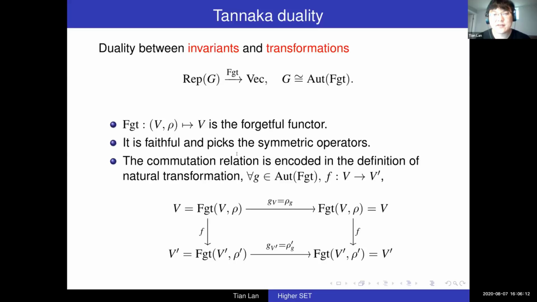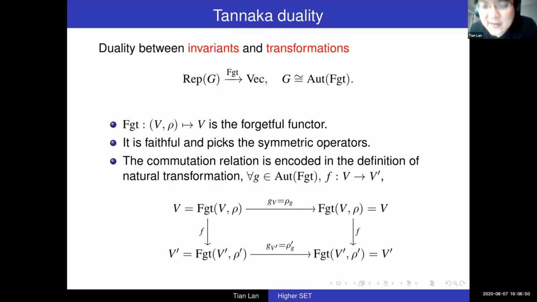The commutation relation between the group actions and the symmetric operators, such as the Hamiltonian, is naturally encoded in the definition of natural transformation. I draw the commutative diagram here. If you take any group element in the automorphisms, it is a natural transformation, and its component on the representation is just the corresponding group action. And it commutes with the symmetric operator from V to V prime.